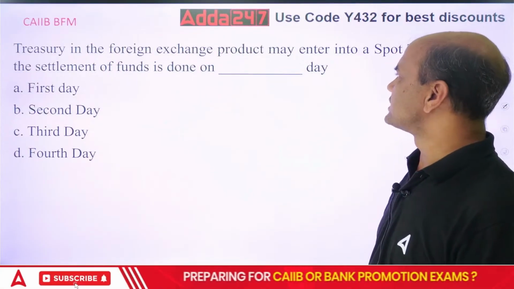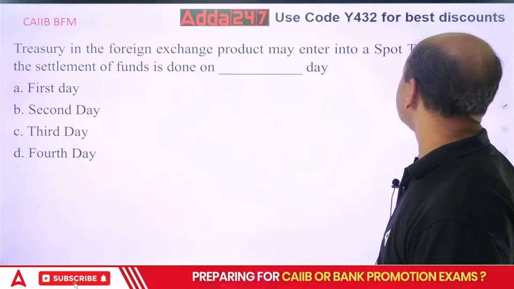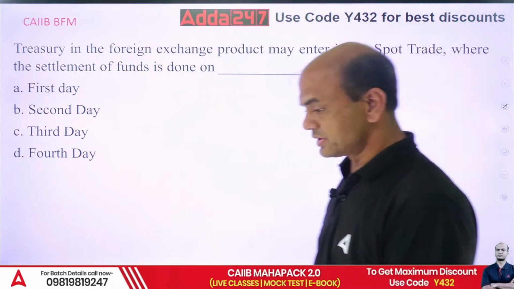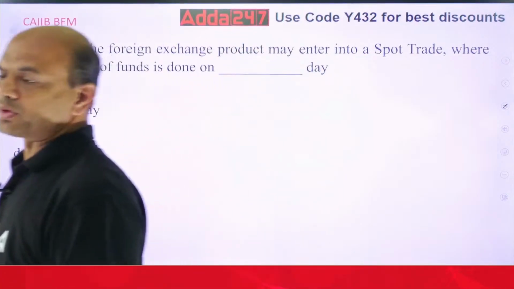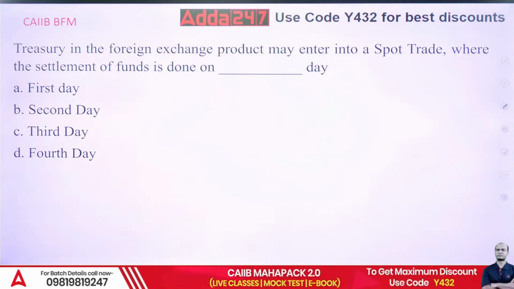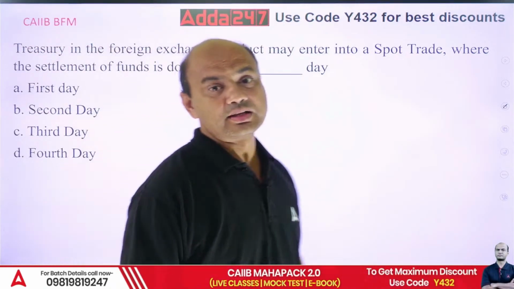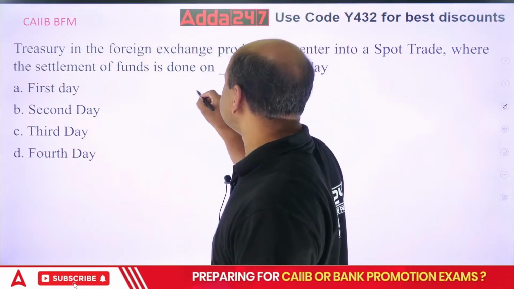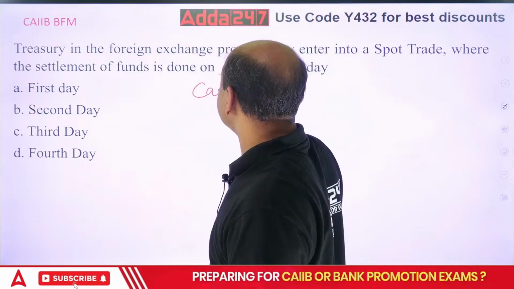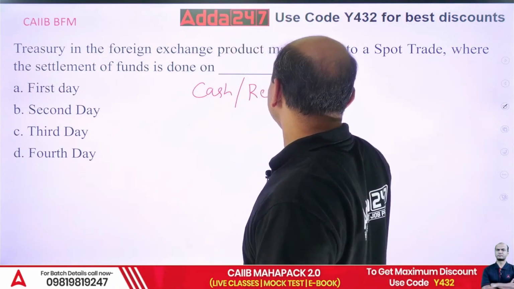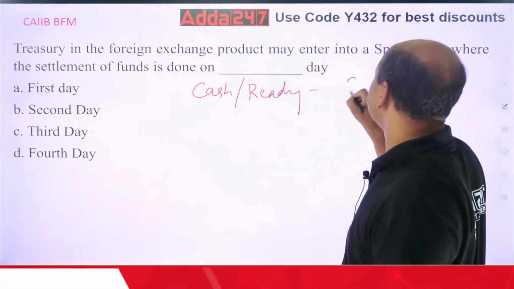Treasury in foreign exchange product may enter into a spot trade where the settlement of funds is done on dash day. Now this is important. What do you mean by spot? You need to understand certain elements. One is cash, or we call it ready. Settlement is done on the same day.